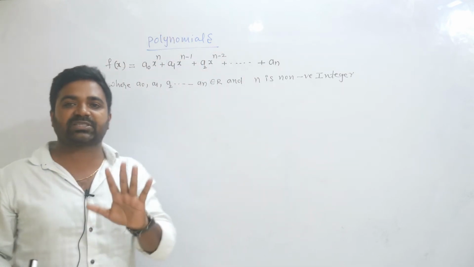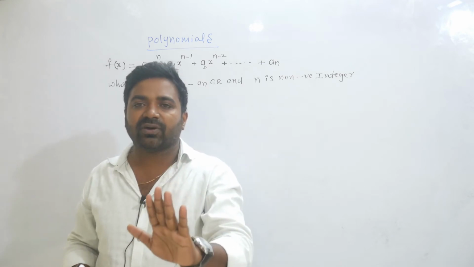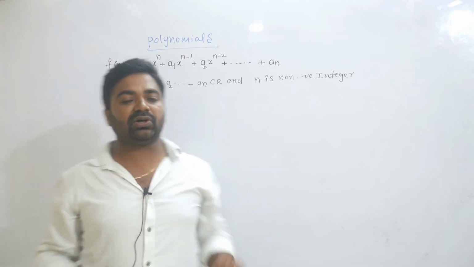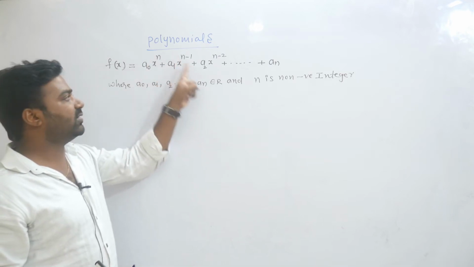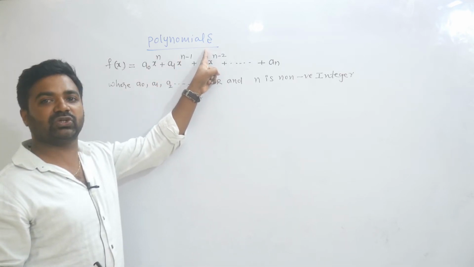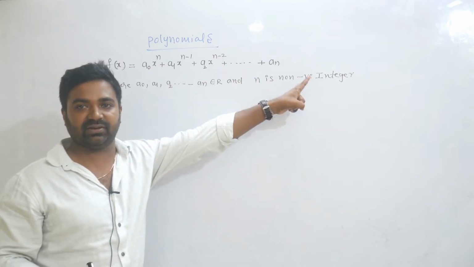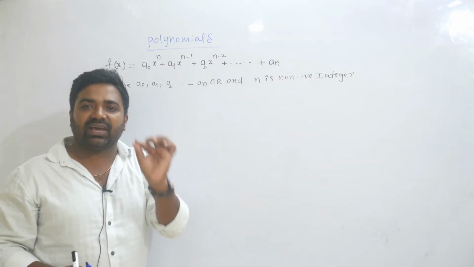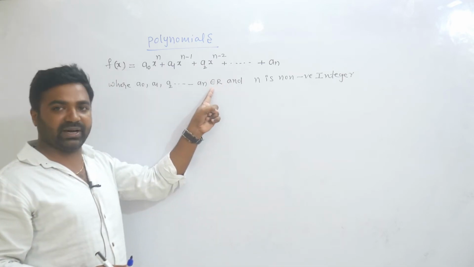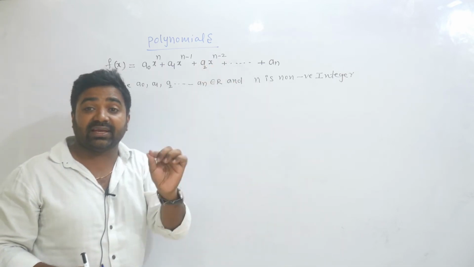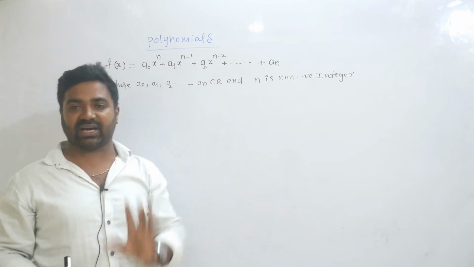So an algebraic expression in the form of f of x equal to a0 x power n plus a1 x power n minus 1 plus a2 x power n minus 2 plus up to so on an, where a0, a1, a2, a3 up to so on an belong to real numbers and n is a non-negative integer.